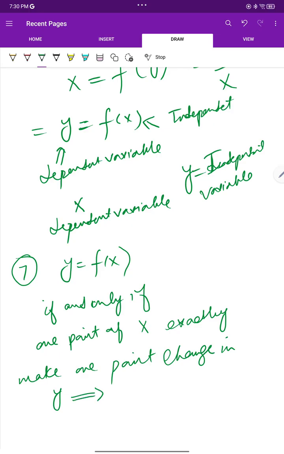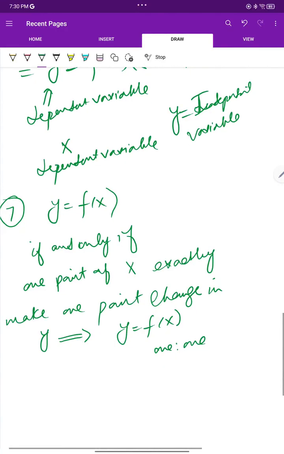So this will be y as a function of f of x, one to one. Other than that, it is not a function.